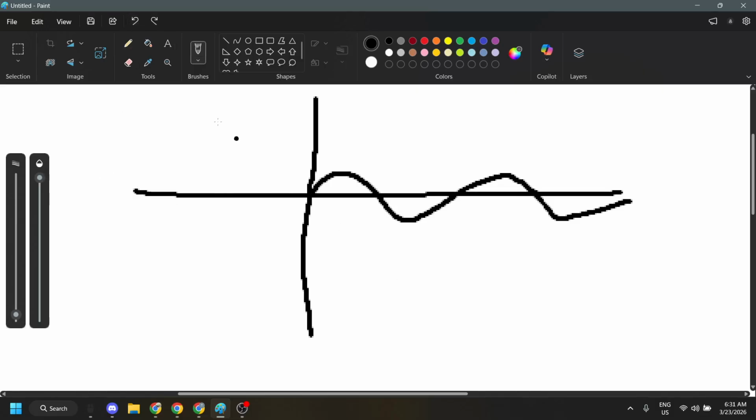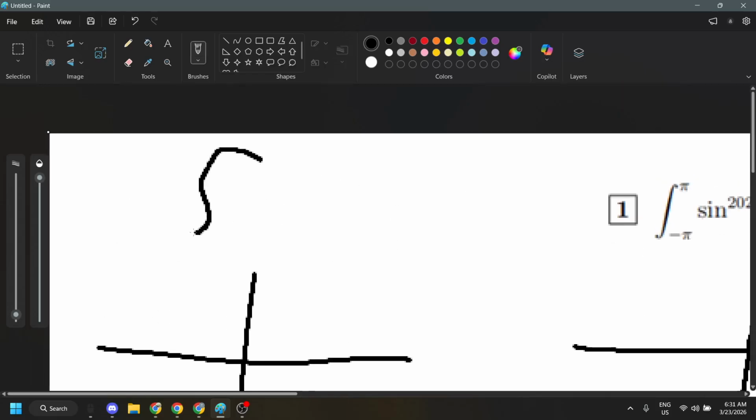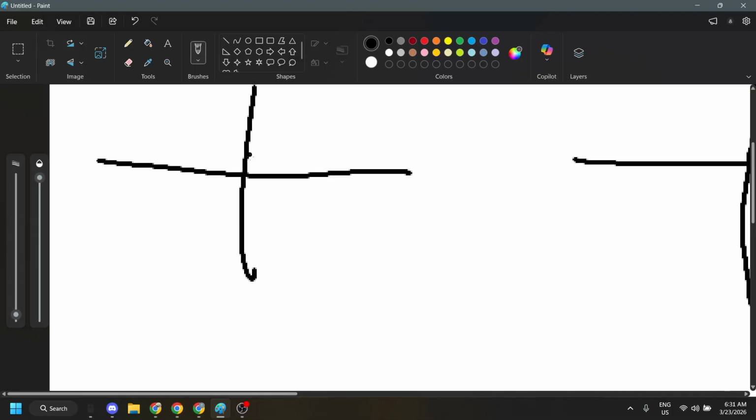Why does this matter? Let's look at what an integral is. An integral is equal to the area. So if we have a function that looks like this, a quadratic function, the integral from 0 to, let's call this a, is this area here. Since this is below the x-axis, this is going to be negative.